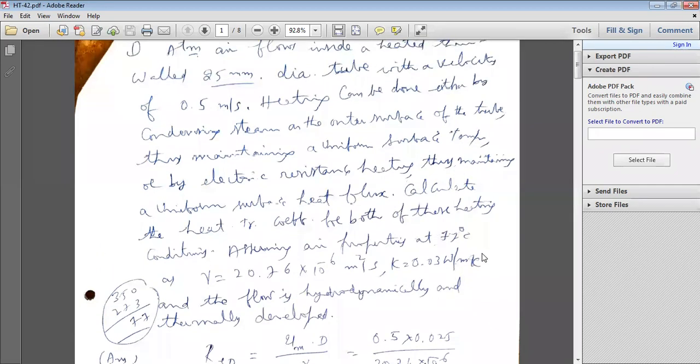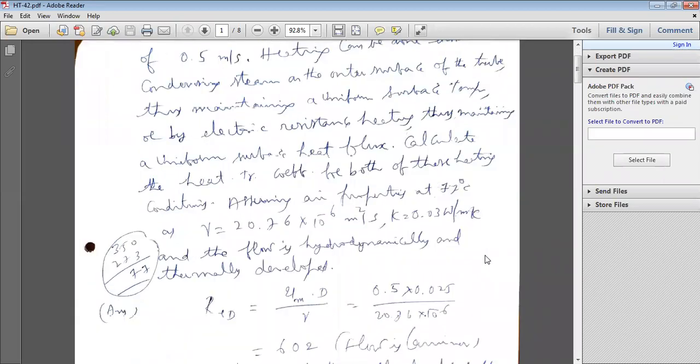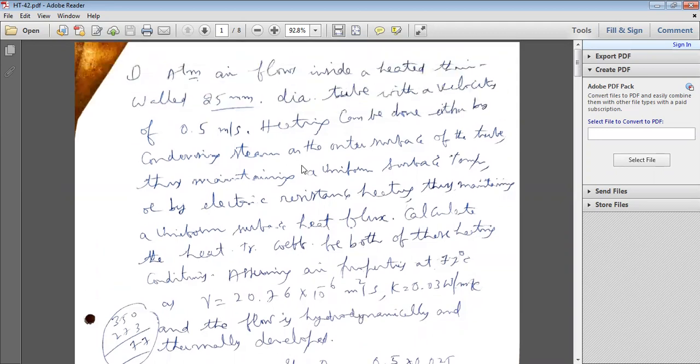After getting the values for the air properties at 77 degrees centigrade, kinematic viscosity nu is 20.76 times 10 power minus 6 meters square per second, and thermal conductivity k is 0.03 watt per meter Kelvin, and the flow is hydrodynamically and thermally developed. So it is fully developed flow, both hydrodynamically as well as thermally. So this is the given problem.